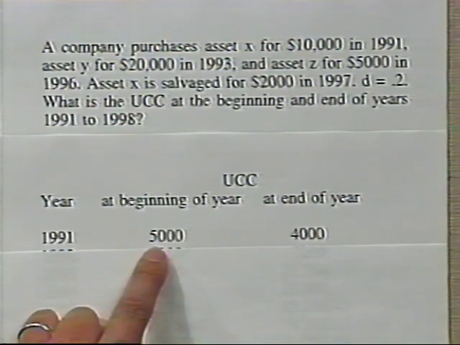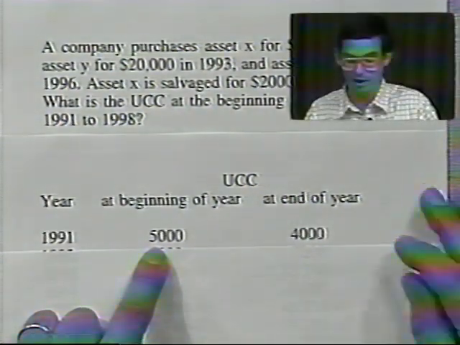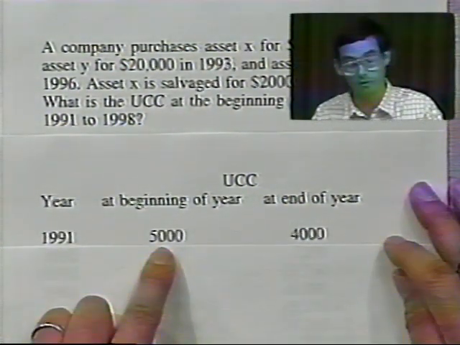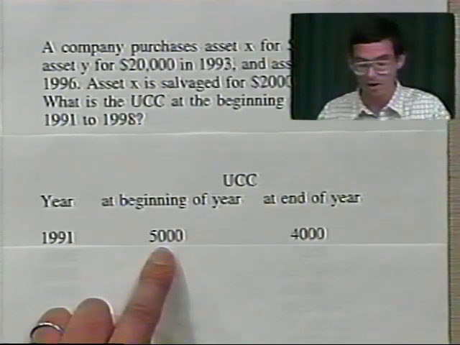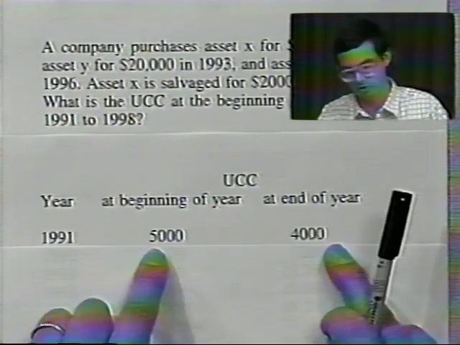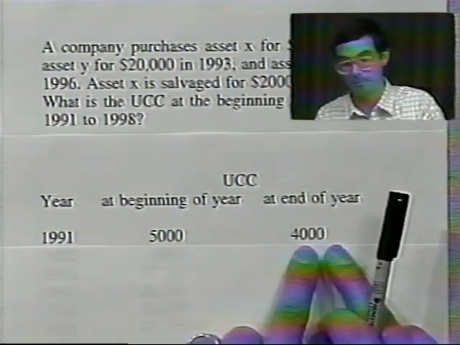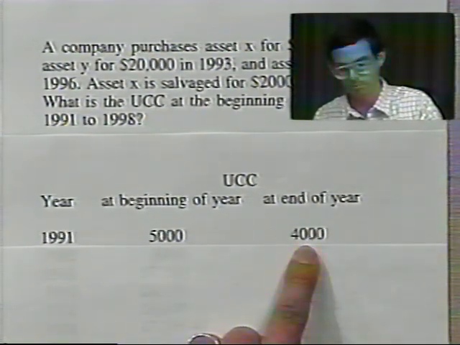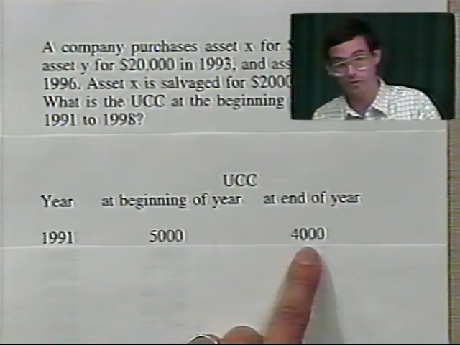Because whenever the asset's bought in 1991, for tax reasons or depreciation reasons, it's assumed to have been bought at the beginning of the year, if you like, but only according to half its worth. So only half its worth depreciates over the year, depreciates at 20%, leaving a book value at the end of the year, book value for tax reasons, of $4,000. That's the UCC account.